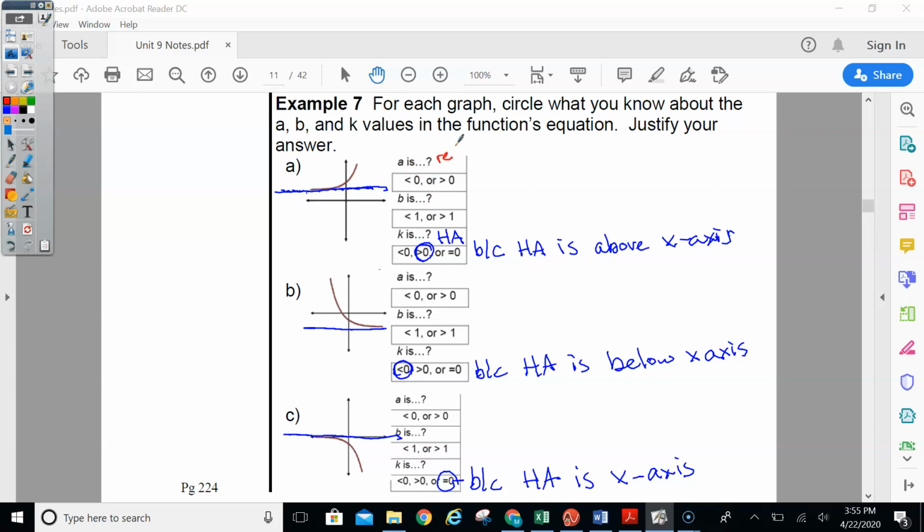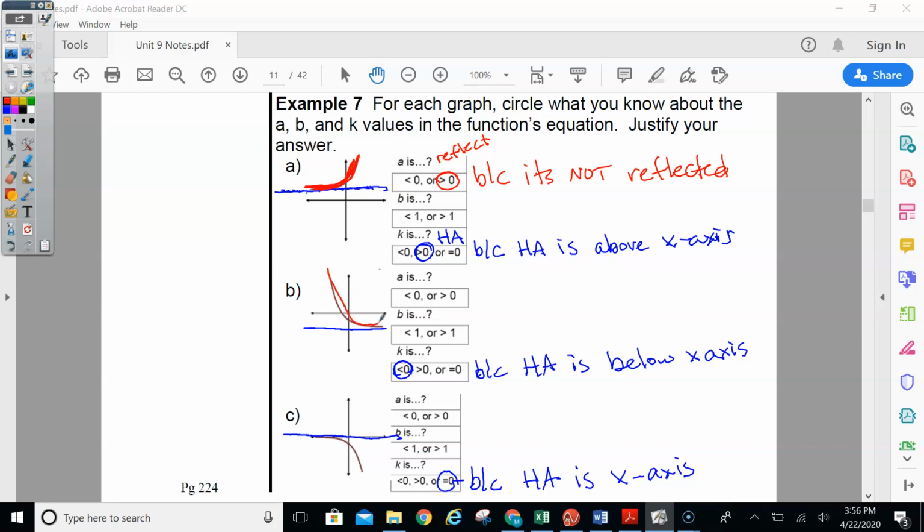If it's reflected, that means the graph itself is going to be either above or below the x-axis. Here, since it's above the x-axis, it's not being reflected. So I can say A is positive because it's not reflected.